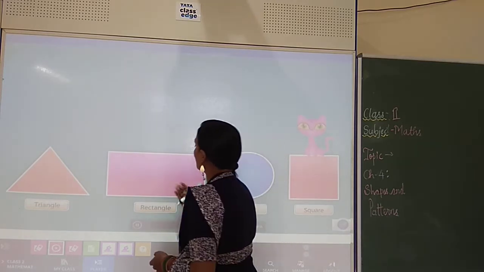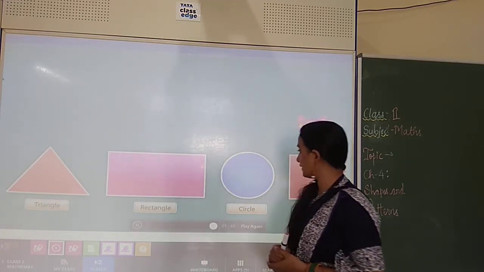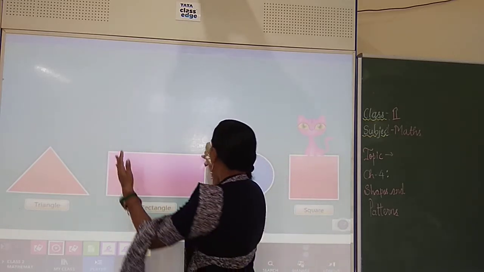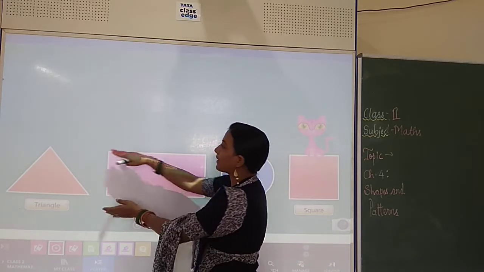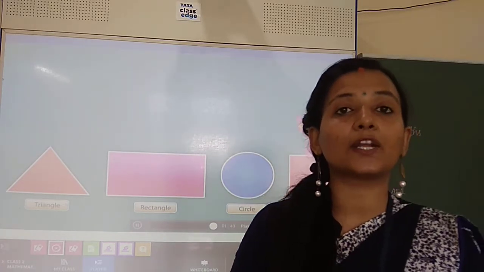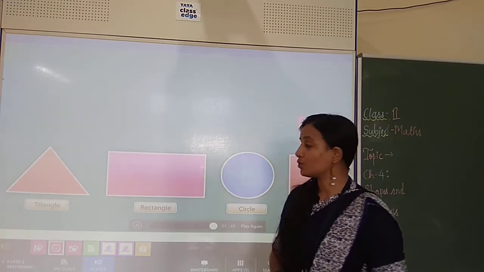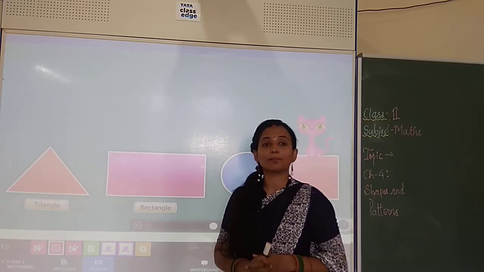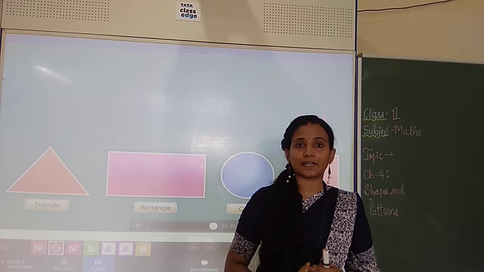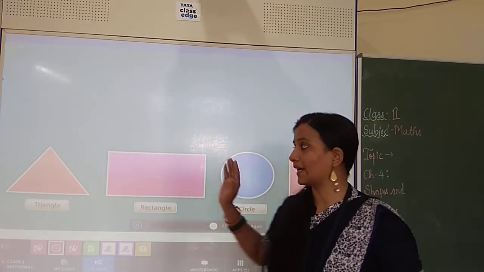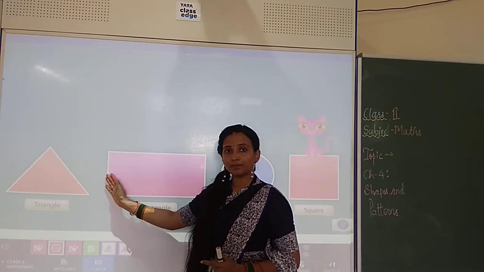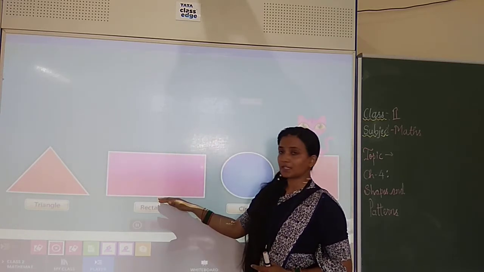Now come to the rectangle. A rectangle is made up of 2 standing lines and 2 sleeping lines, which means 2 vertical lines and 2 horizontal lines. Using those 4 lines, we can form a rectangle. In a rectangle, this side is opposite to this one, and this is opposite to this one.